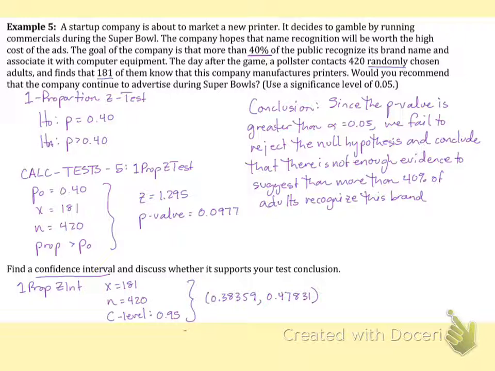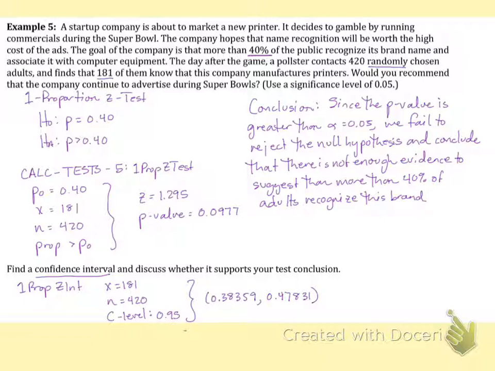So the true proportion could be above 40%, but it also could be below 40%. Remember, we're not sure where that true population proportion is. So that's why this confidence interval supports our test, because the confidence interval does not somehow prove that the null hypothesis is wrong.